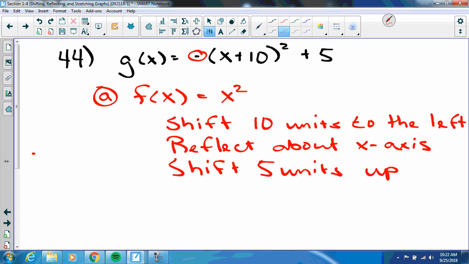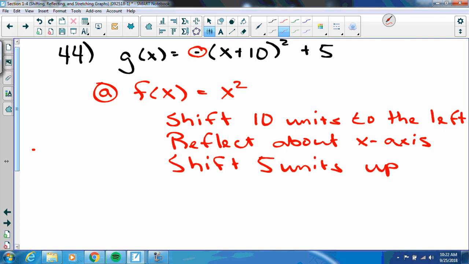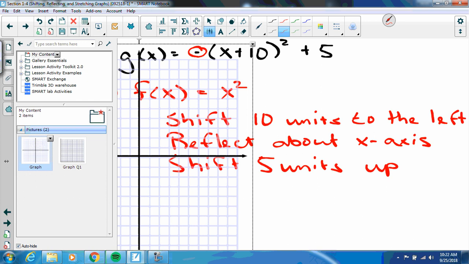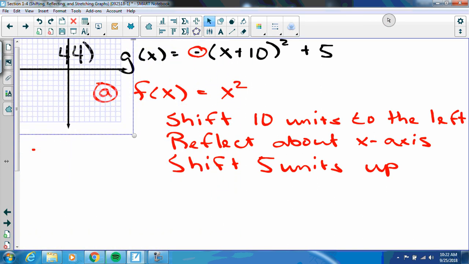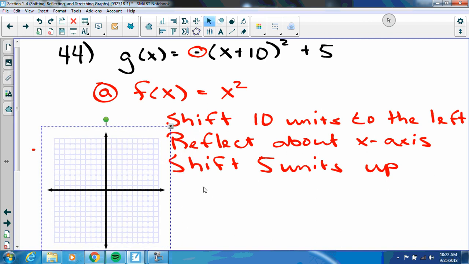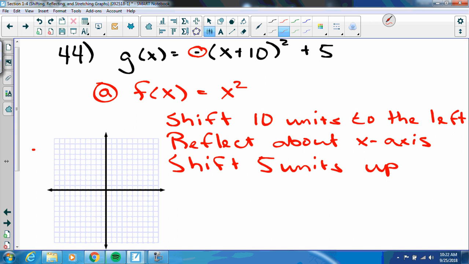Now, I bring this one up because why? Let's say I shifted 5 units up and then I reflected. So this one is shifted 10 units to the left. Reflects about the x-axis.